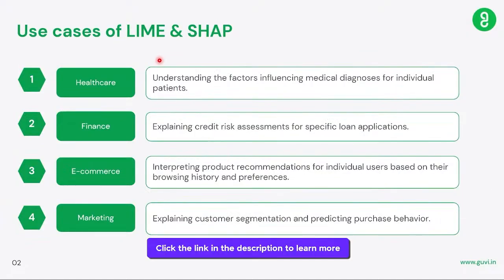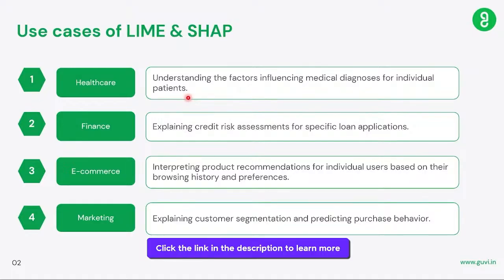Let's come to the use cases of Lime and Sharp. What are the different use cases where we can use Lime and Sharp? Let's start with healthcare. In healthcare, you can see disease diagnosis.